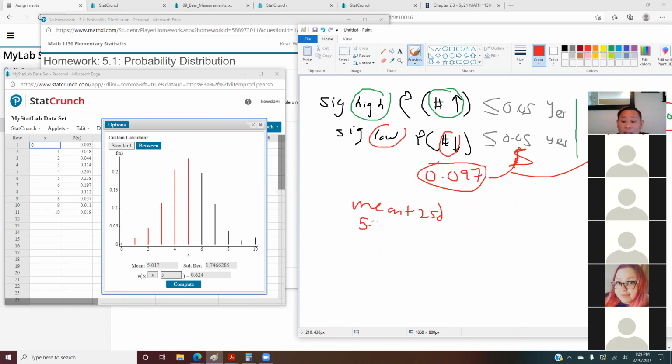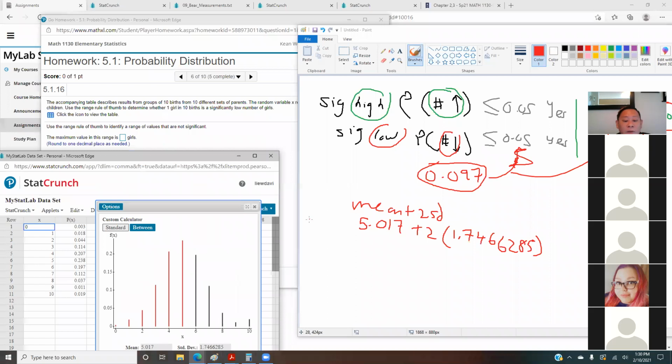So make sure you use all your decimals, 5.017 plus 2 times your standard deviation, which is 1.74, and no rounding, please. If you round, you probably get your answer wrong. Can someone use a calculator to help me figure out part A, your maximum value in this case?